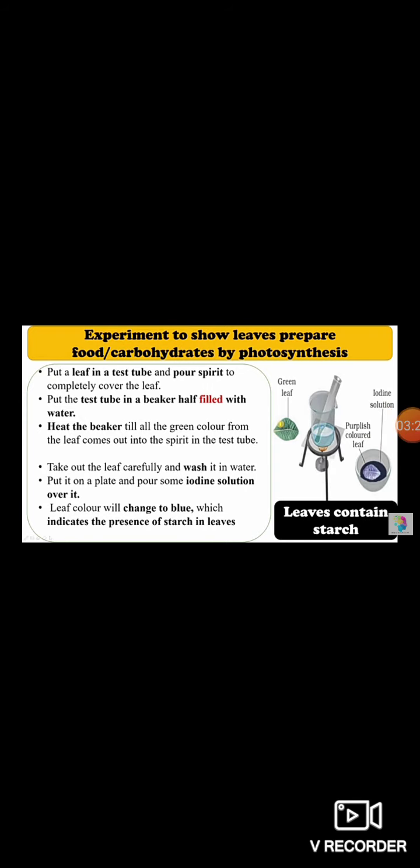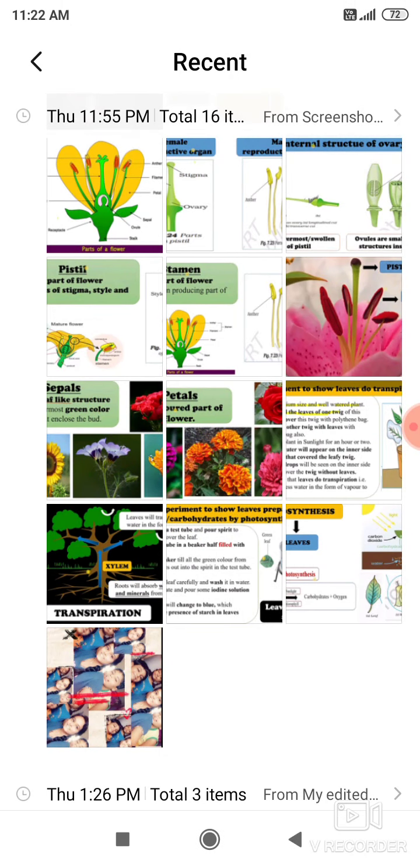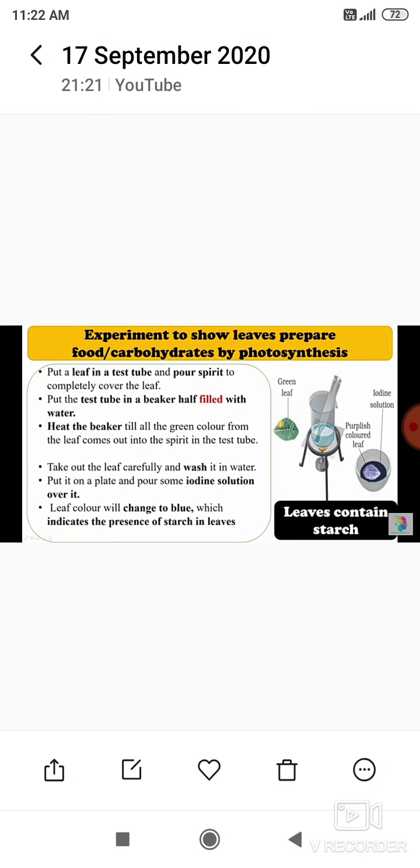So first we will turn our leaf colorless. For that you have to take the leaf, put it in a test tube and then pour spirit over it. Then put the test tube in a beaker which is half filled with water. Then heat the beaker till all the green color from the leaf comes out into the spirit in the test tube.